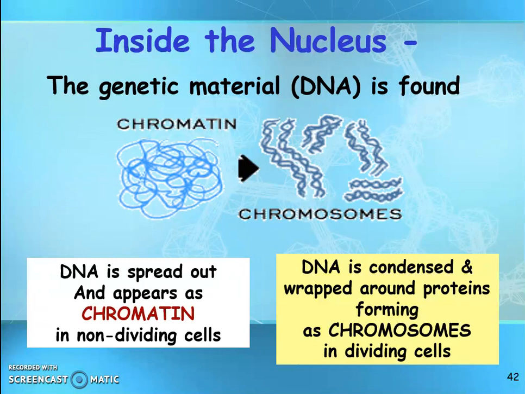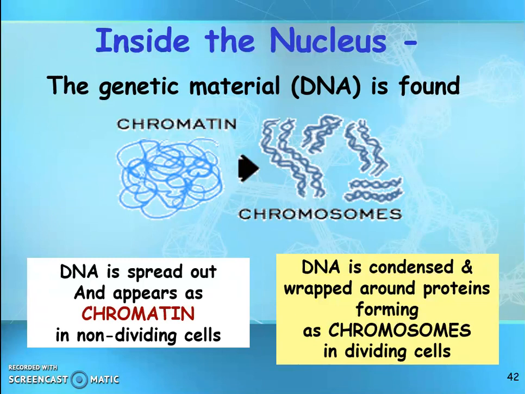So the basic difference between chromatin and chromosome is that when cells are not dividing, the DNA is a thread-like condensed structure called chromatin. When the cell divides, the chromatin condenses further and is wrapped around proteins, forming chromosomes. So dividing cells have chromosomes, and non-dividing cells have chromatin.